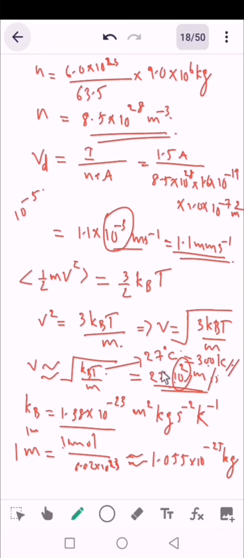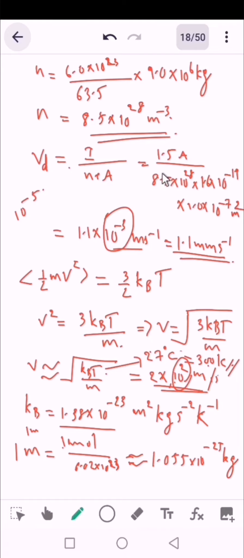10 raised to 5 times the drift speed is lesser, or you can say the thermal speed is 10 raised to 5 times larger when you compare it with drift speed. Otherwise, thermal speed is 10 raised to 5 times greater than this drift speed.